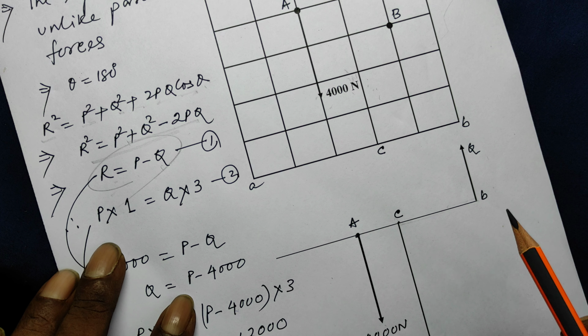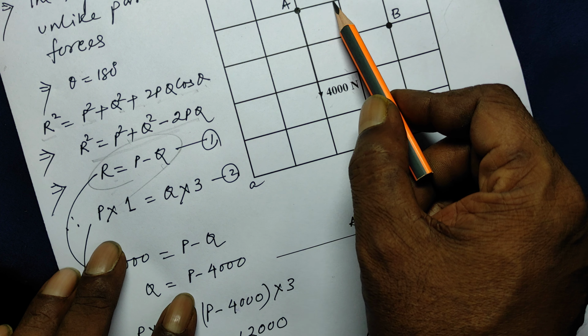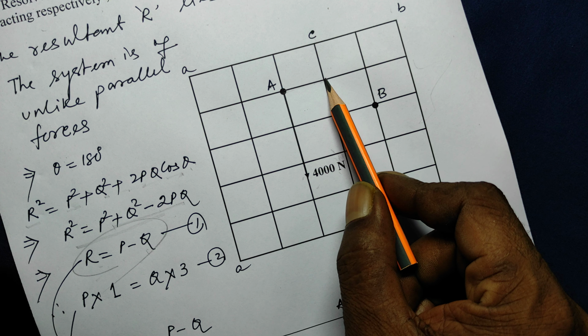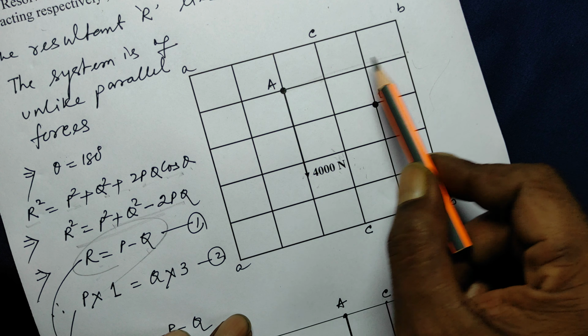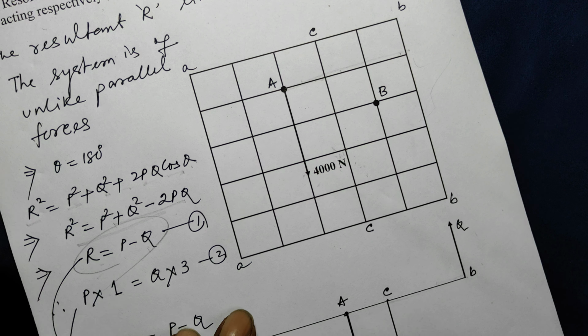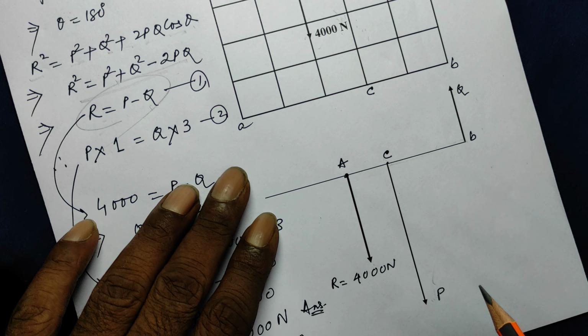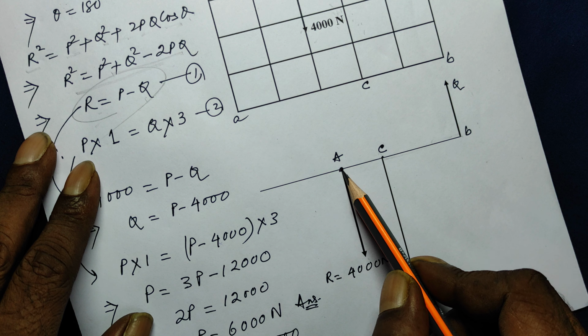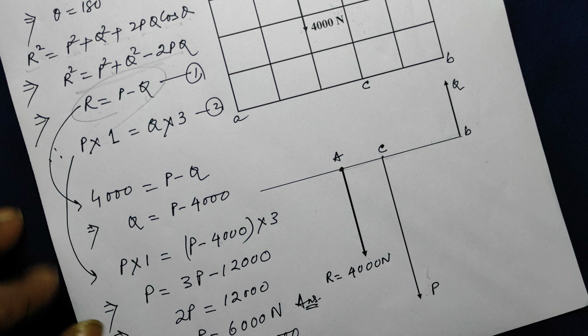And from here to here is 1 unit, and from here to here is 1, 2, 3 units. So that is what I have shown here. From here to here is 1 unit, and from here to here is 3 units.